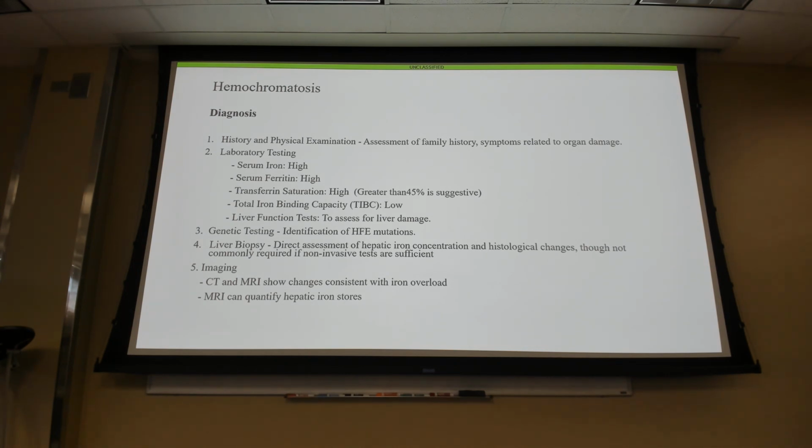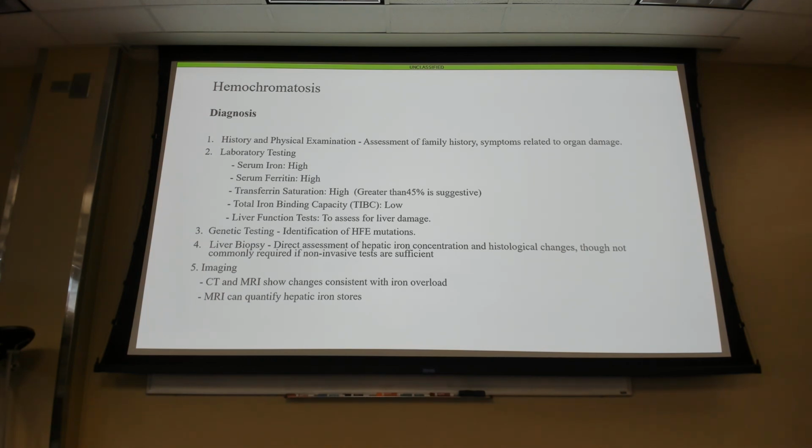Diagnosis: history, physical, right? We know this. Your iron studies. So with hemochromatosis, it's an iron overload state, so everything is high. Genetic testing. If I get to this stage where I'm pretty sure this person has hemochromatosis, then I'm going to want to confirm genetically to make sure of the type.